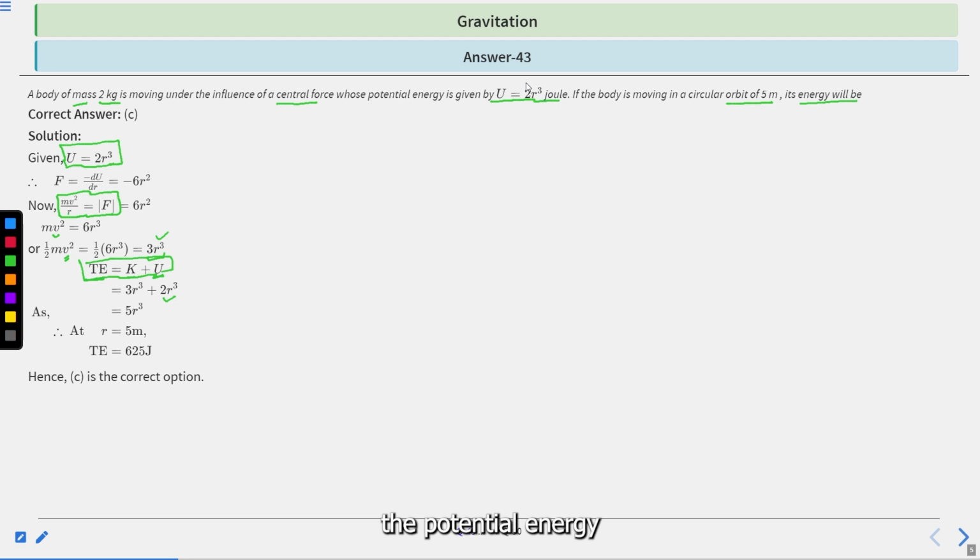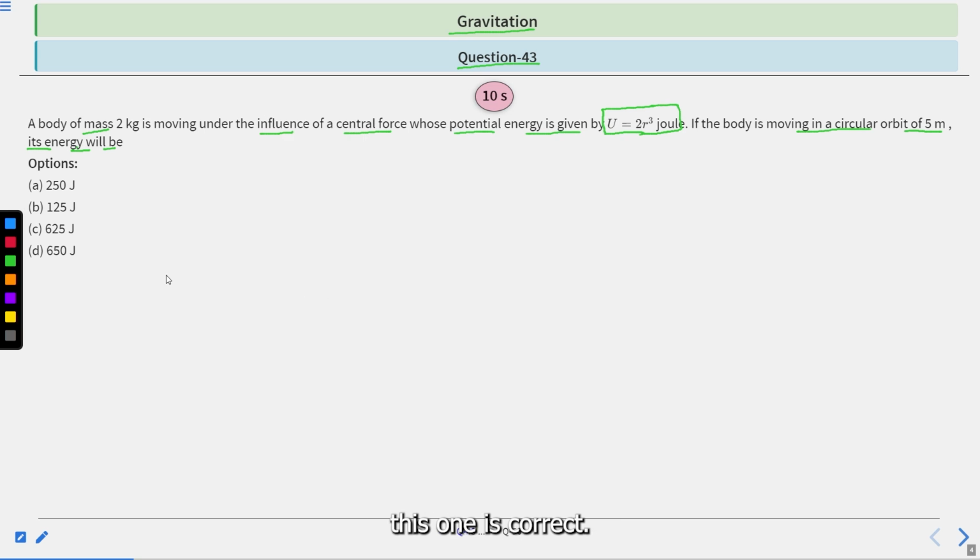Adding both we get 5r cube, and given r equal to 5 meter, putting the r value we get total energy 625 joule. So 625 joule is the correct answer. Option C is correct.